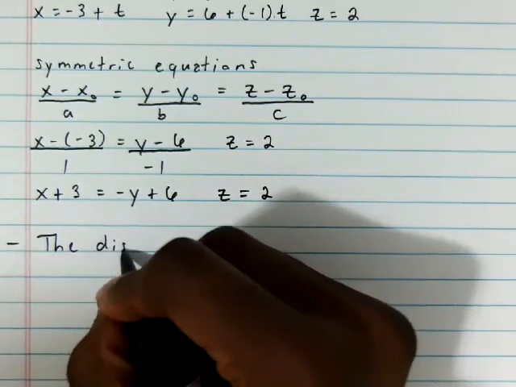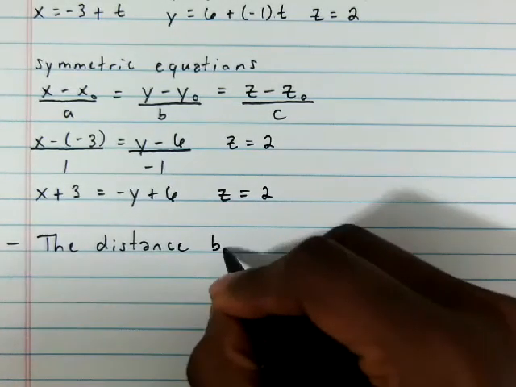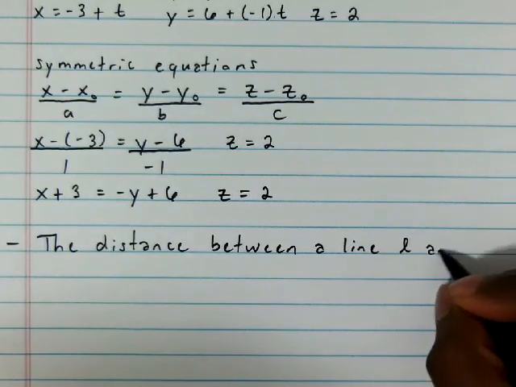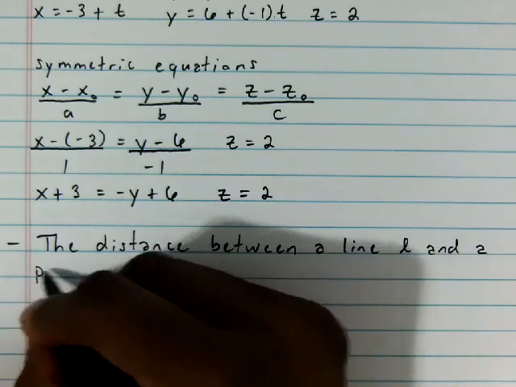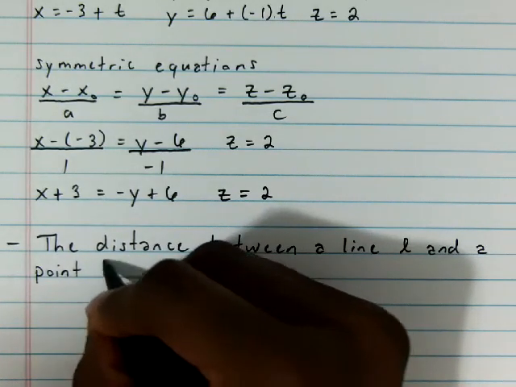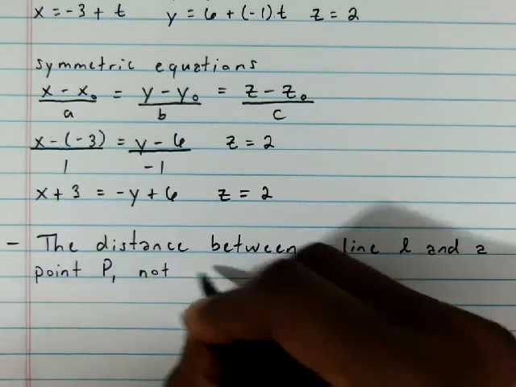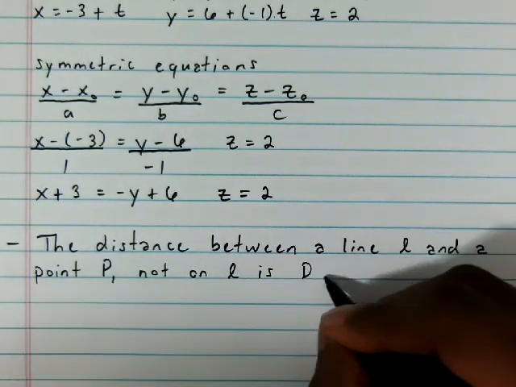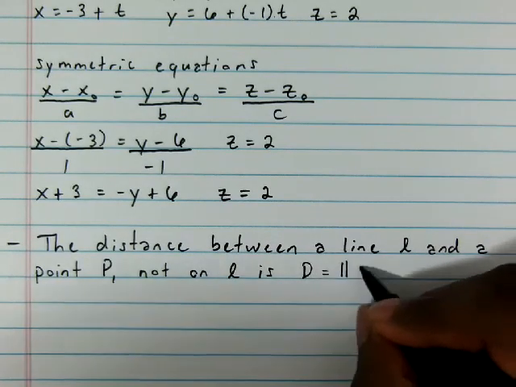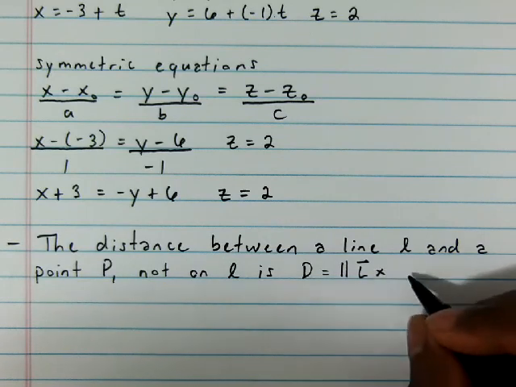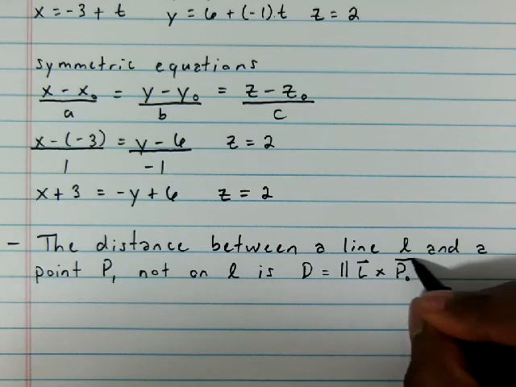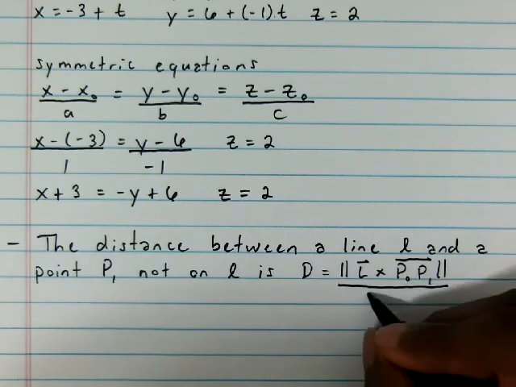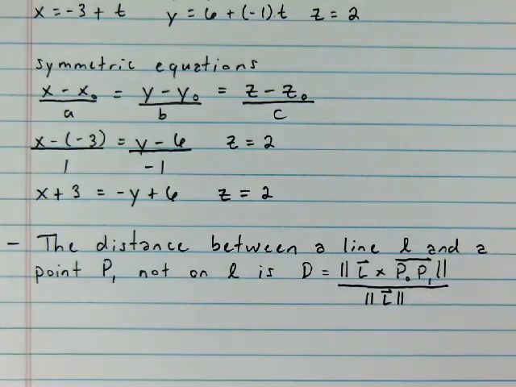So the distance between a line, script L, and a point, which we'll call P1, not on script L, is capital D equals the length of L cross with the vector P0 to P1, the length of that cross product, divided by the length of the vector L.